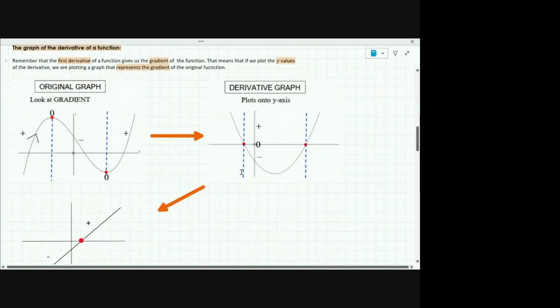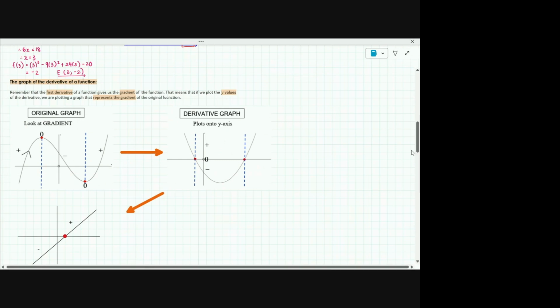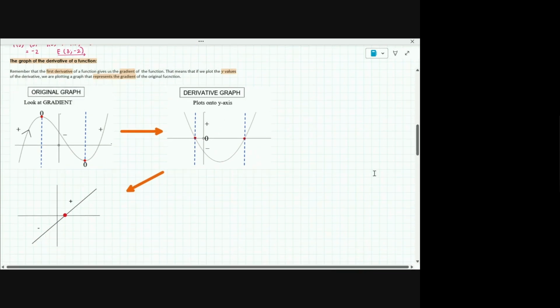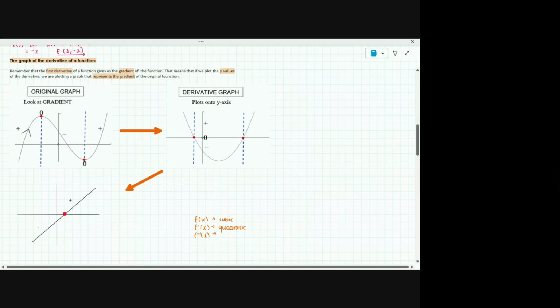Right, so when we talk about the graph of the derivative, let me make this a touch smaller so that we've got all three of them on the screen. What we need to remember is that if our original graph is cubic, our first derivative graph will be quadratic, and our second derivative graph will be linear.